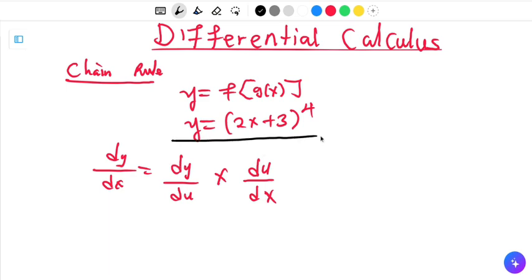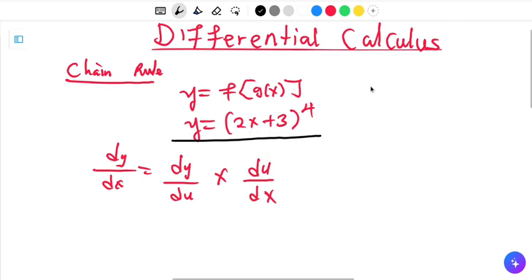So we have this question. For this question, you need to come up with two functions. How? We are going to let what is inside here be equal to u. So let u be equal to 2x plus 3.